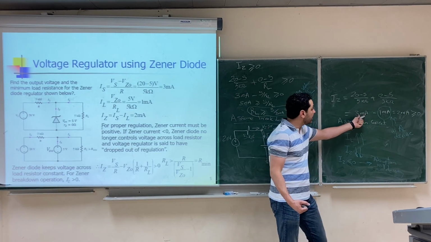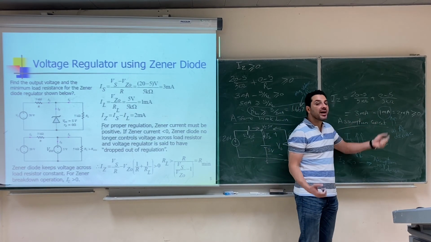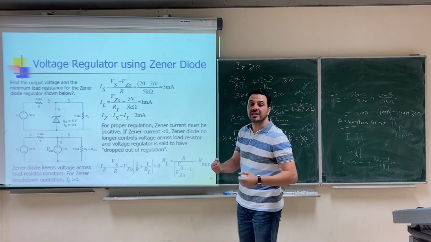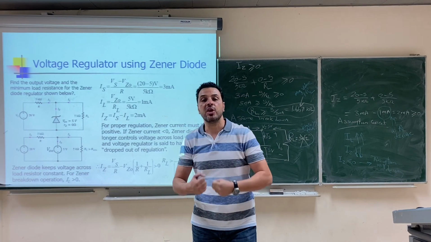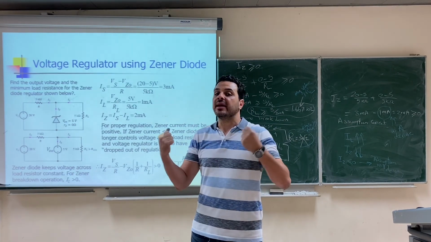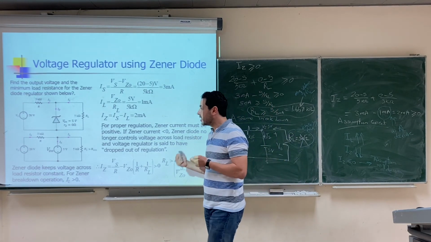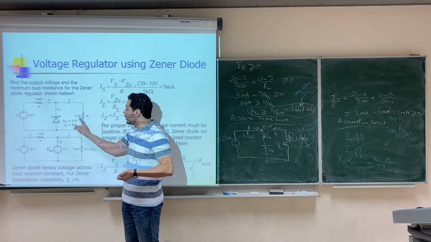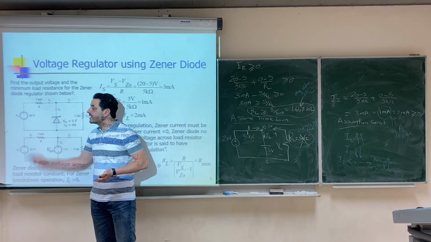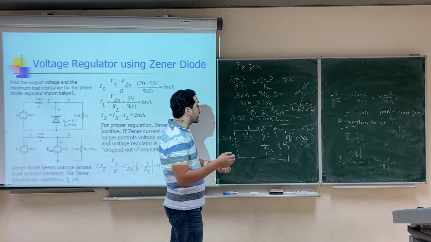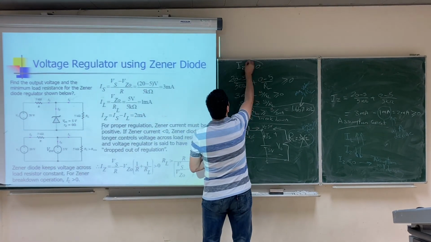And if the total current decreases, at certain point I Zener, the current going to the Zener diode, is going to decrease below IZK. And again, the Zener diode will not work in the breakdown region. So there is a minimum for the load, there is a maximum for this resistance. And both of them you can calculate from this condition.